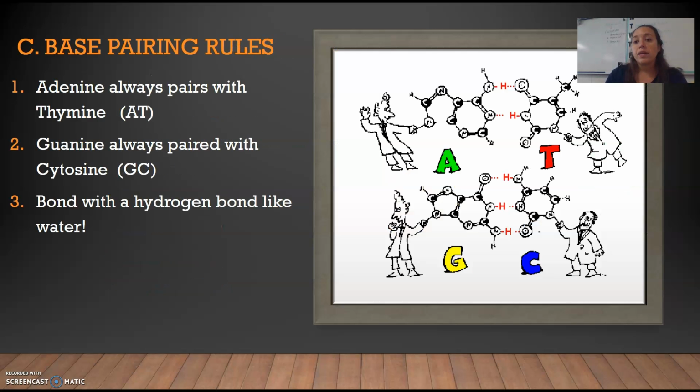Okay, so there's base pairing rules. Adenine will always pair with thymine, so AT, and this is vice versa, by the way, guys, so thymine will also pair with adenine. Guanine is always paired with cytosine, so you have your A and your T together, and you have your G and your C together, and they will bond with a hydrogen bond in the middle.